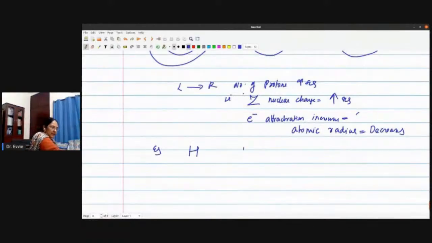Between hydrogen and helium, can anyone tell me which one will have more radius? Hydrogen and helium, can you all try? Give me the answer quick.